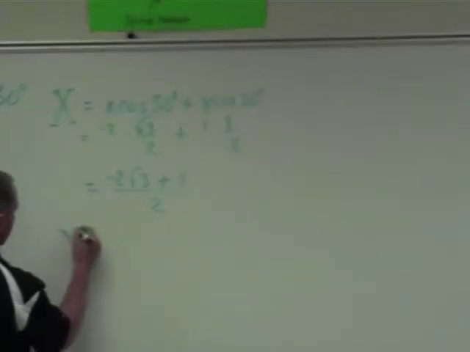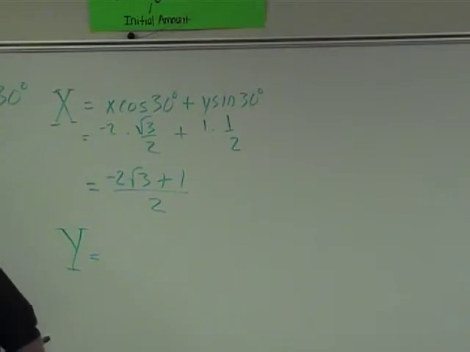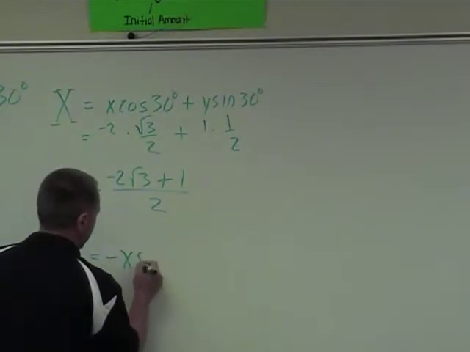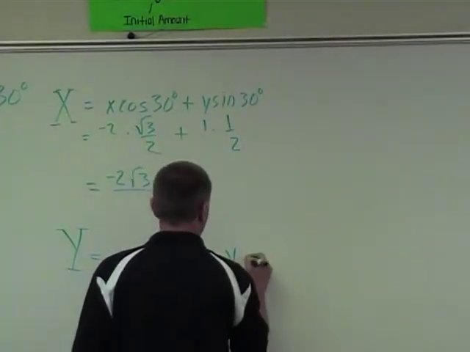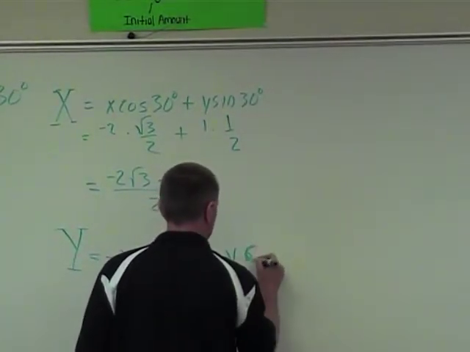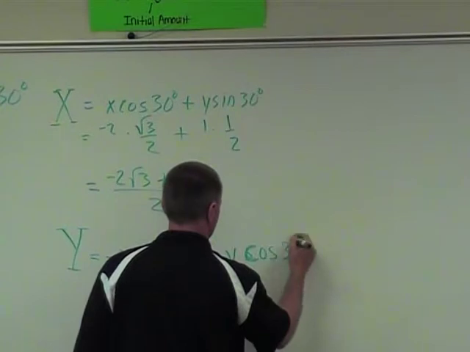What's the new y coordinate? Capital Y. You got negative x sine of phi, 30 degrees, plus y cosine of 30 degrees.